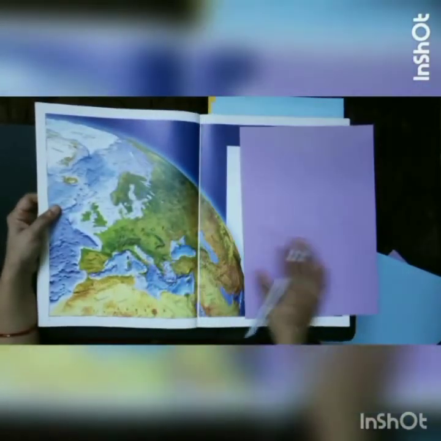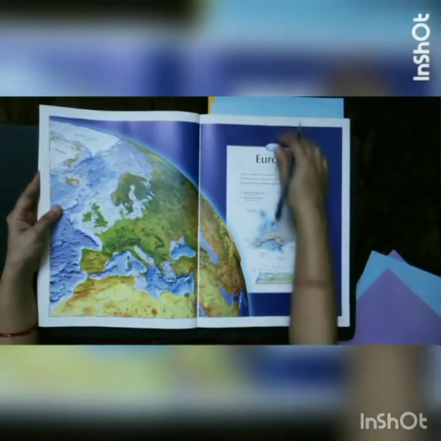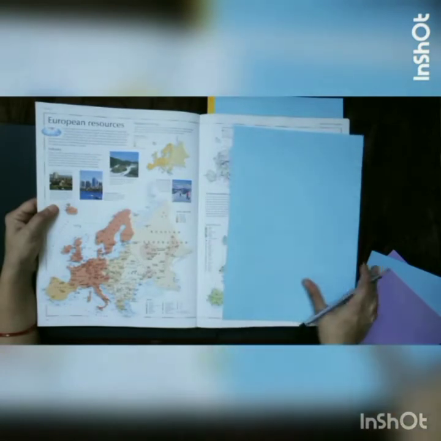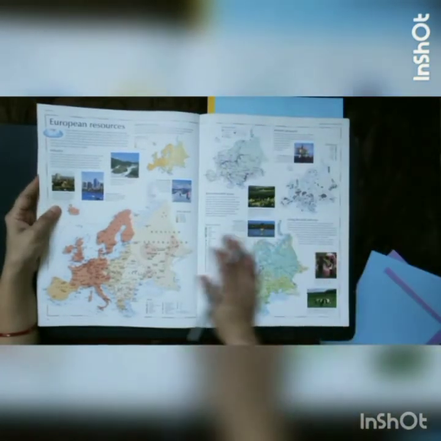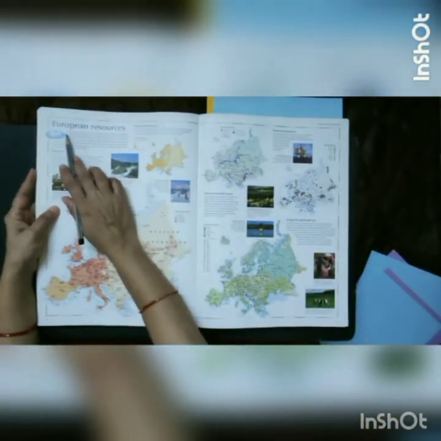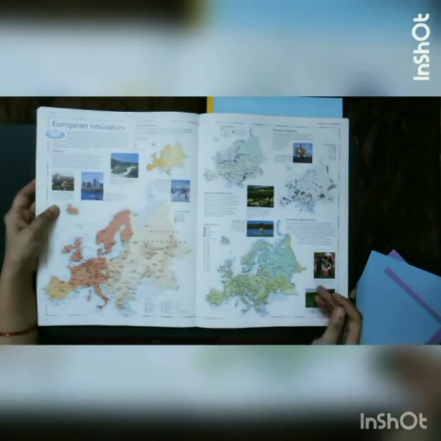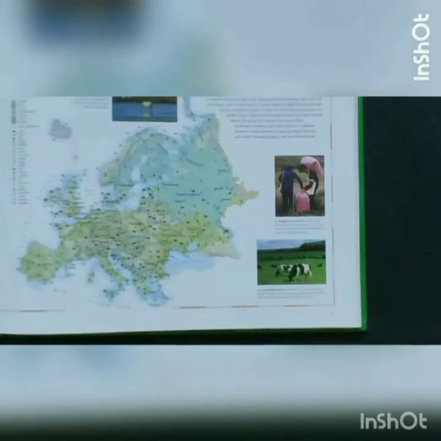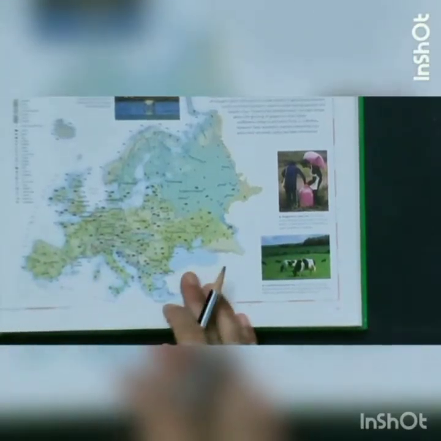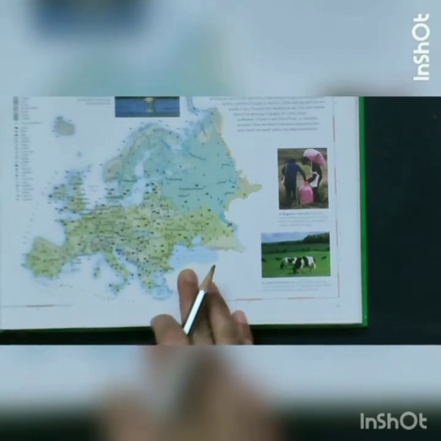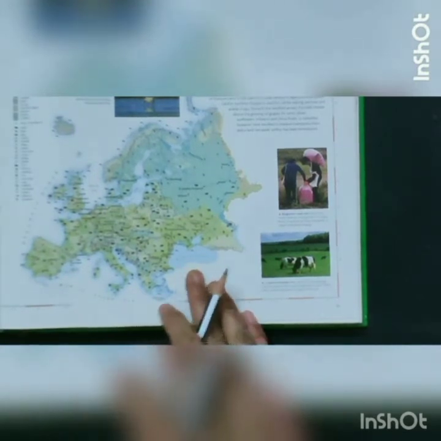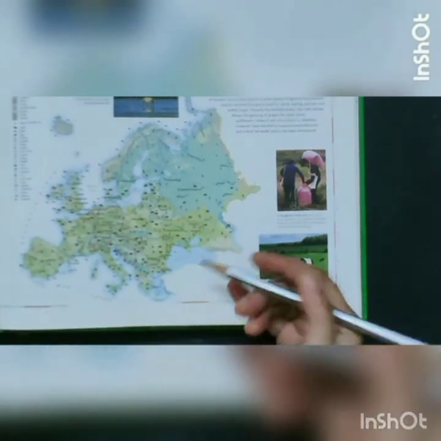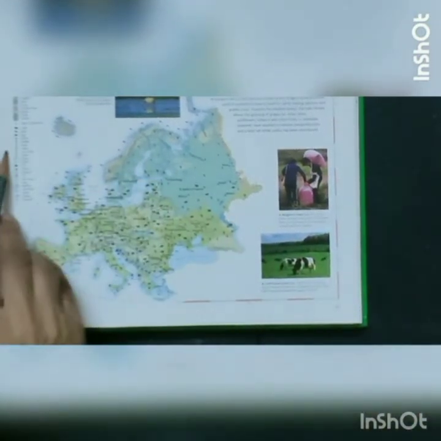Then you have Europe, the map of Europe. As you go inside, you will see minute details about Europe. Here is the European resources. Now here you can see the minute details of European resources. All the symbols are given in this map, and here is the index.